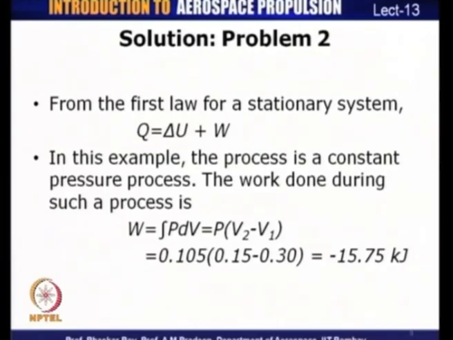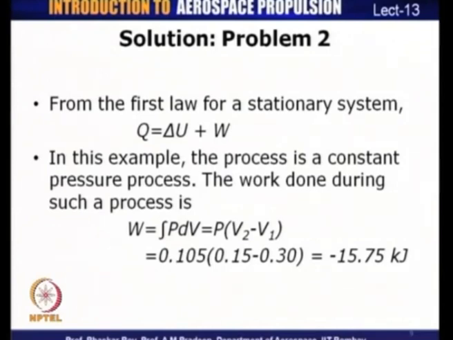Work done will be equal to integral P dV, which is equal to P times V2 minus V1. And here P is given as 0.105 megapascals. This multiplied by the change in volume will give us the work done during this process.